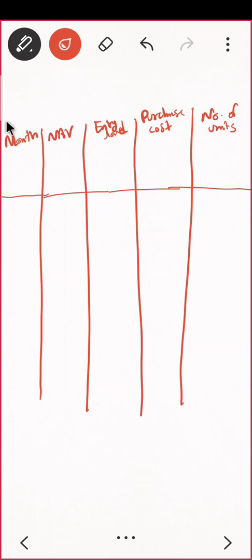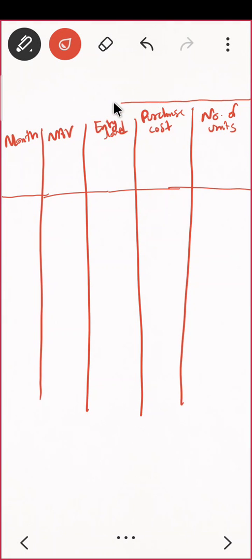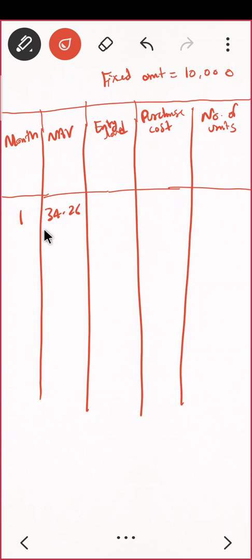What is the fixed amount he is putting in every month? Yes, 10,000. Fixed amount is 10,000. For the first month the NAV was 34.26 rupees. Calculate the entry load. Entry load is 2.25% of NAV. And what is the purchase cost?